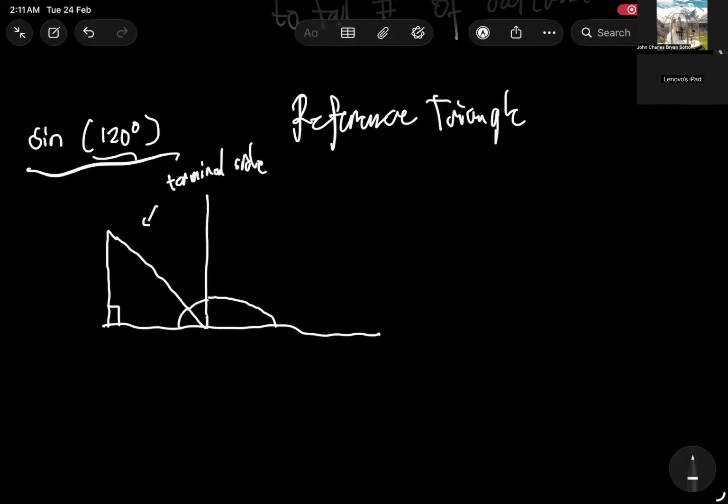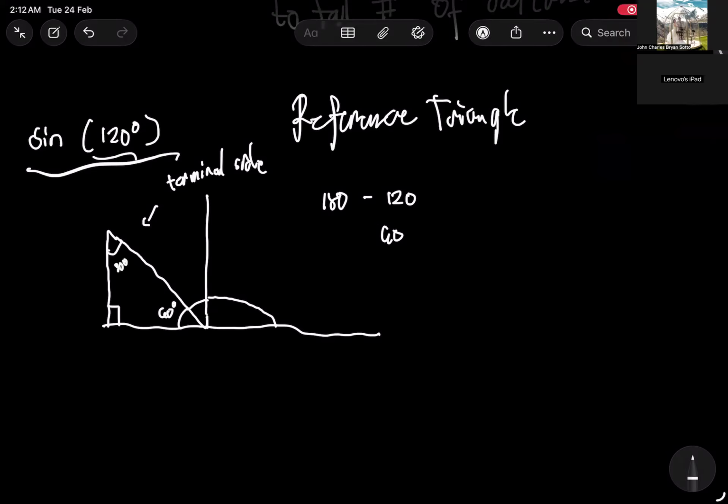How do we solve the reference angle? Since this is in quadrant number 2, we use our formula, 180 minus 120, that will be 60. So automatic, this will be 60 degrees. Since this is 90 degrees, automatic, this is 30 degrees.